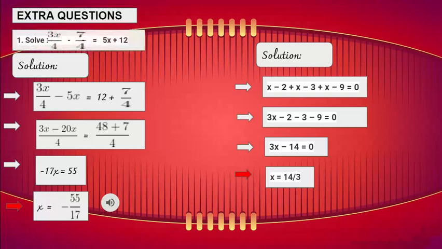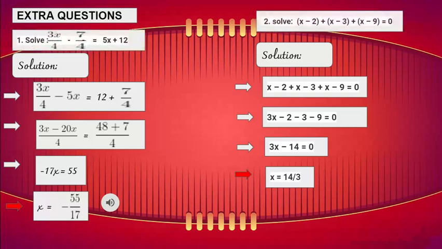So see the questions. The first question is 3x upon 4 minus 7 upon 4 is equal to 5x plus 12. The second question is solve x minus 2 plus x minus 3 plus x minus 9 is equal to 0. Solve it yourself, then after that you can check your answers. Now let's see the third question.